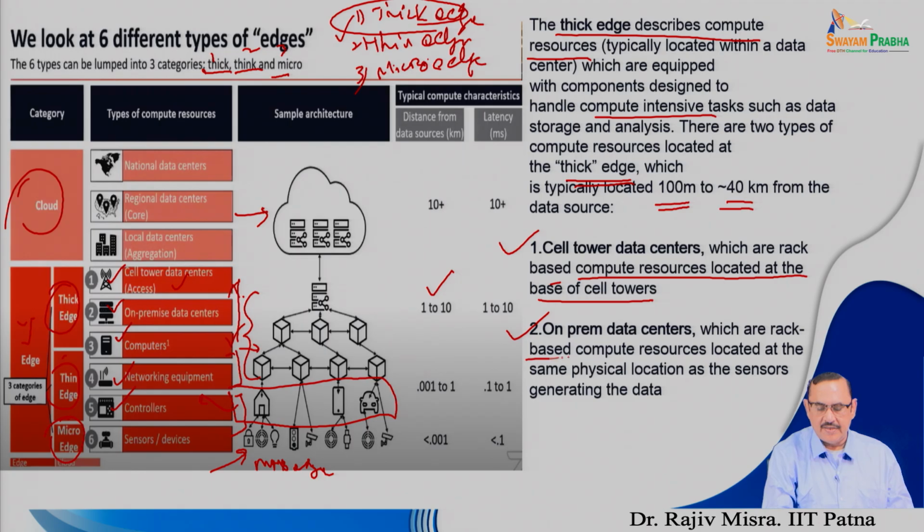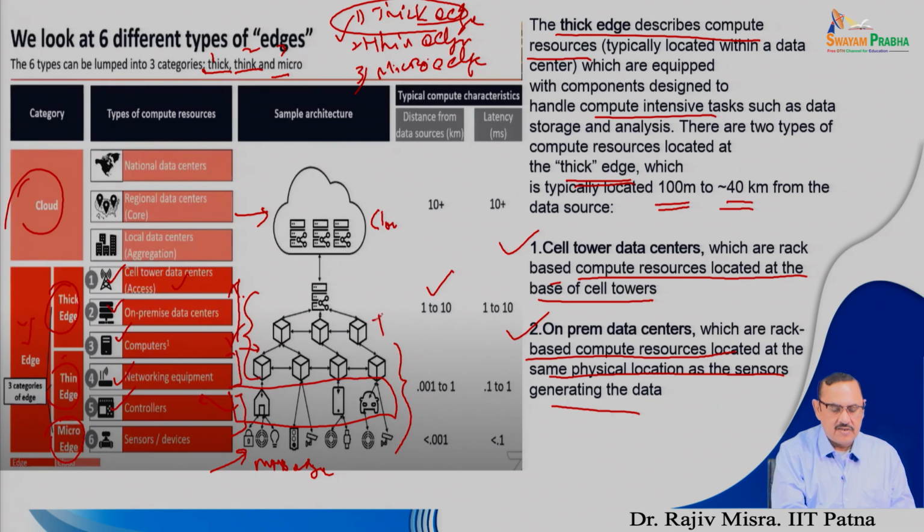They are rack based compute resources located at the same location as the sensors generating that data, so it is very close by, and it is called thick edge. So, here we can see the architecture: this is the cloud, this is the thick edge, this is the thin edge, and this is the micro edge.